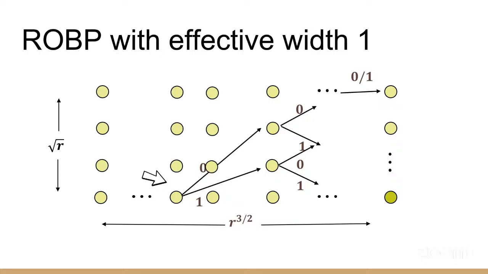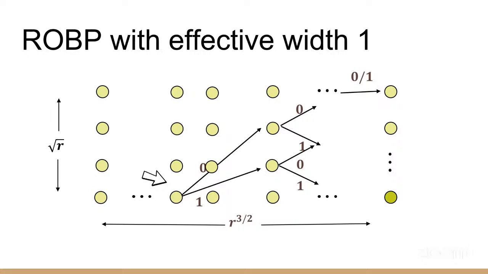And I add some new nodes to figure out in which time step I have to transition to the last row. So this was a bit hazy, but it can be done, and that is why we get R to the 3/2 length: we start with a read-once branching program of width square root R, and then flatten it to get R to the 3/2.